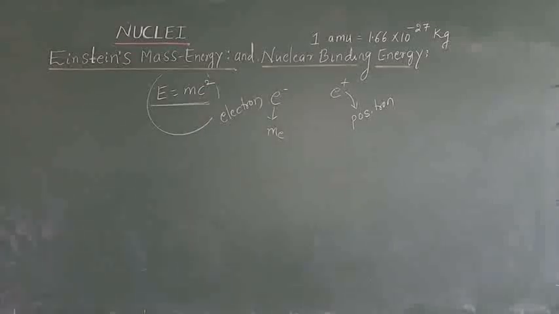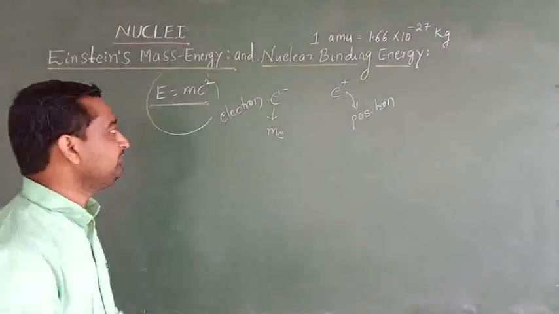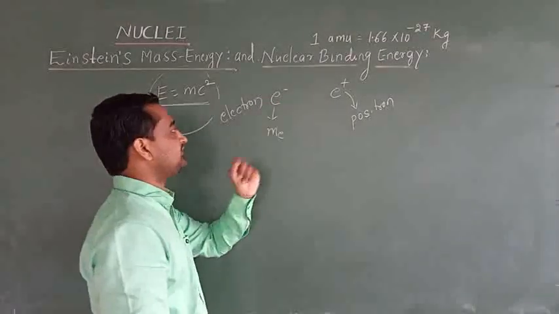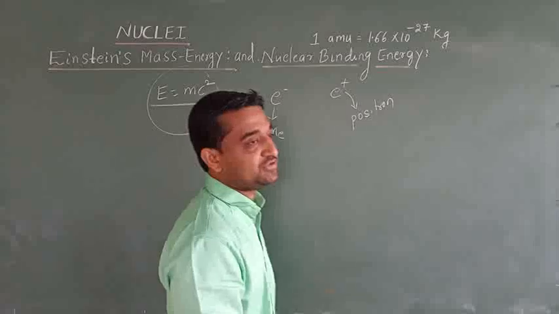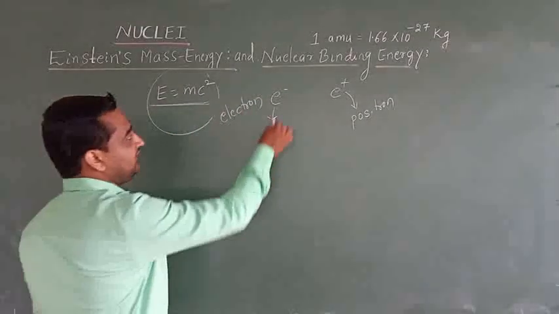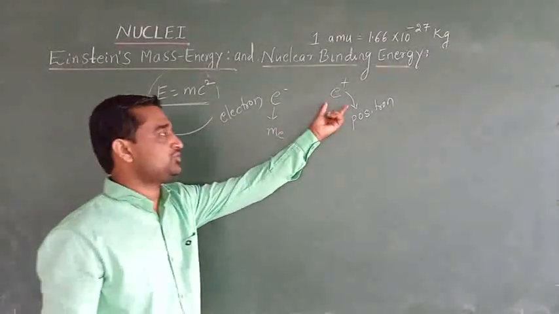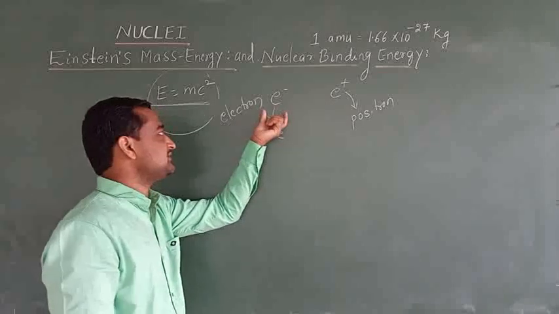The mass of the electron and the mass of the positron are the same, but the charge of the electron is negative and the charge of the positron is positive. Their masses are equal.